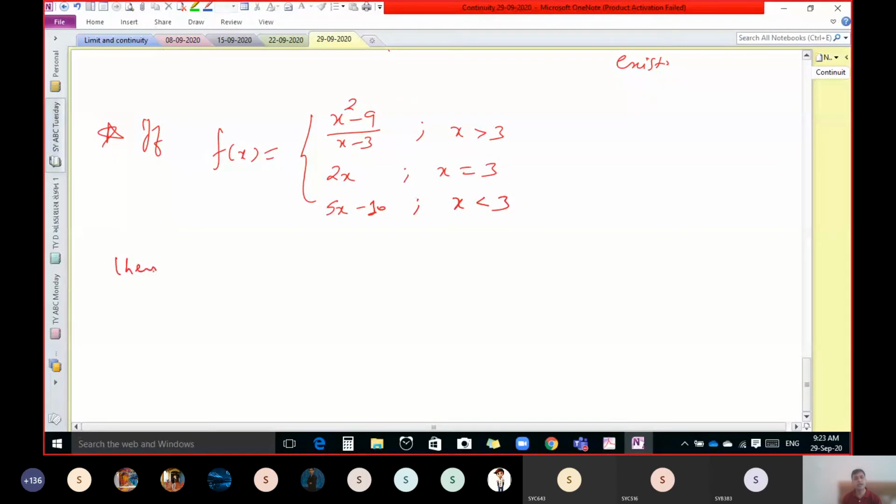Then find f of 3 and limit x tends to 3 f of x. So this is the question.